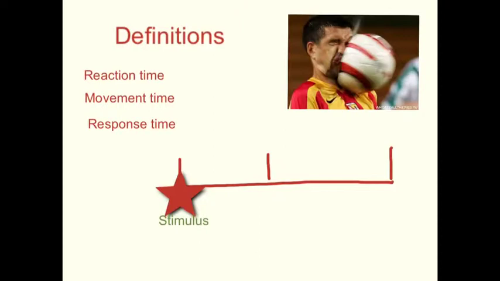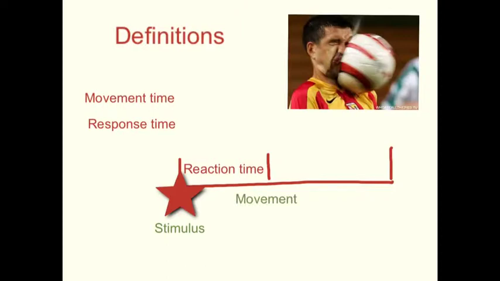Now, as soon as we receive the information from the stimulus, we have to make a decision on it, and we usually refer to this as the reaction time. The reaction time is the time taken from the start of the stimulus, the presentation of the stimulus, to the start of the movement, which is here. Next, we have the time from the start of the movement, which is this line here, to the end of the movement, which is this line over here.